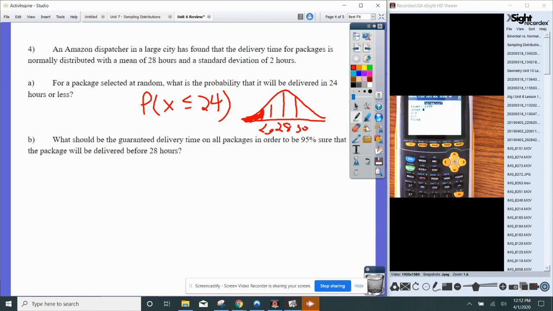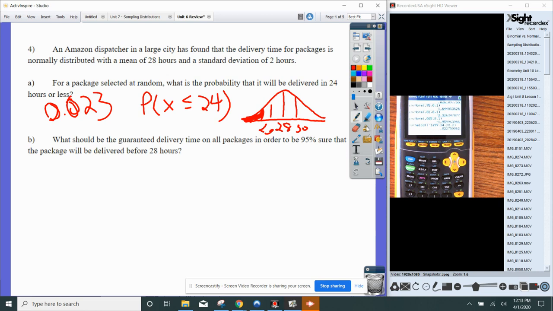The upper would be 24. And instead of using 0 and 1, we're going to use 28 and 2. Let's round to the thousandth, 0.023. All right, so 2.3% that it will take 24 hours or less. So not that good of a chance.